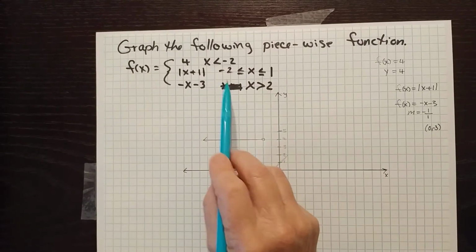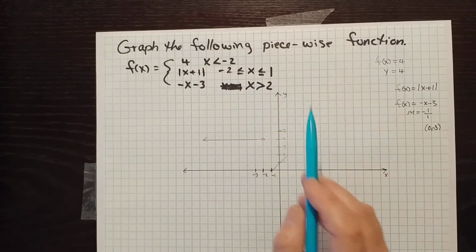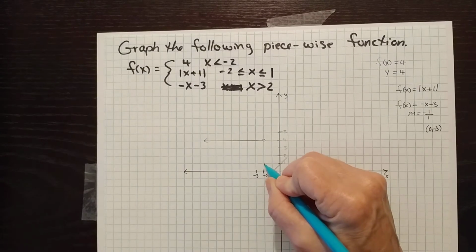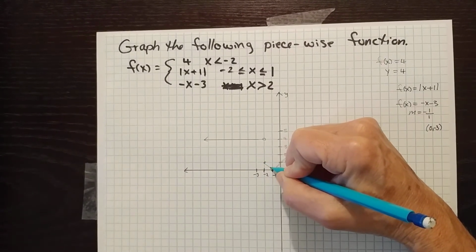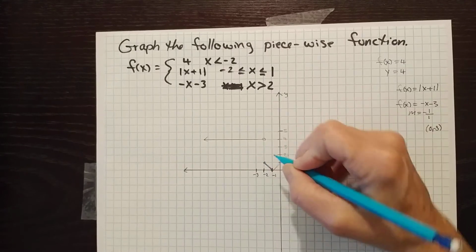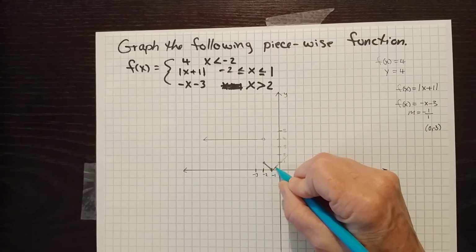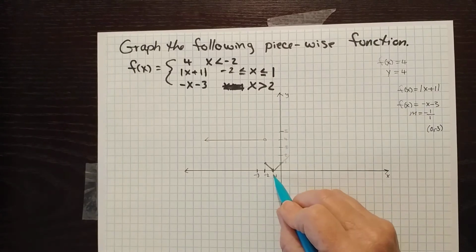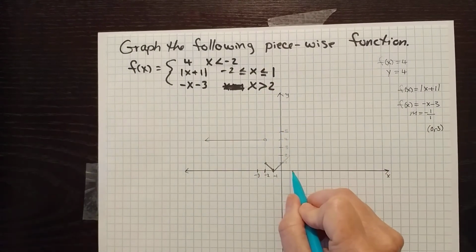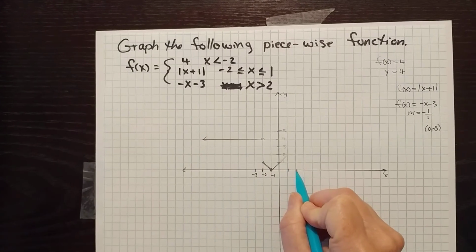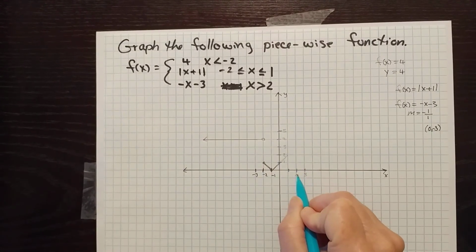And this is defined for values of x from -2 to 1. So this is defined at -2. This is my V shape that's going to go here and here, and it goes all the way until x is 1. So let's look at our x-axis. This is 1, this is 2, this is 3.